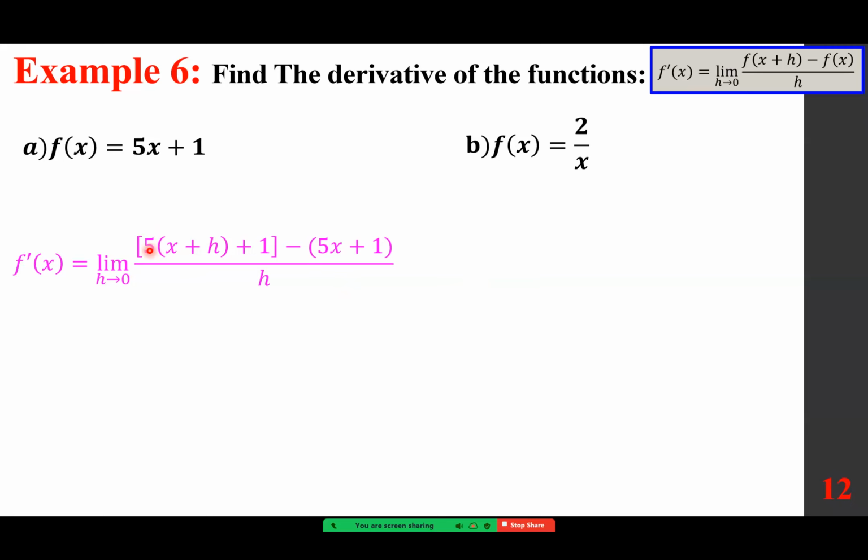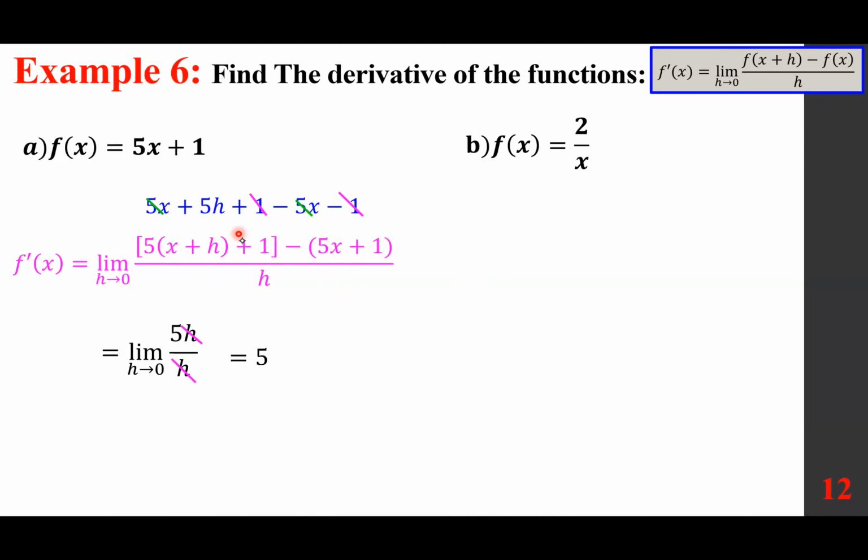Let's distribute: 5x plus 5h plus 1 minus 5x minus 1. 5x and negative 5x cancel each other. 1 and negative 1 cancel each other. The only thing left is 5h. Now, h and h cancel each other. And therefore, the limit of 5 as h approaches 0 is simply the constant 5, as you know.